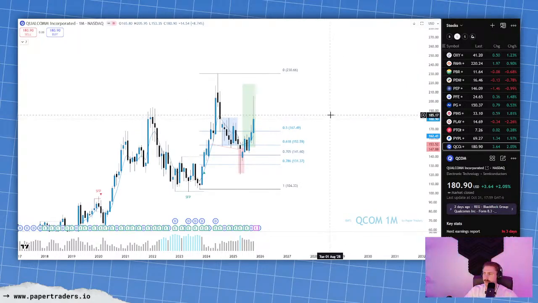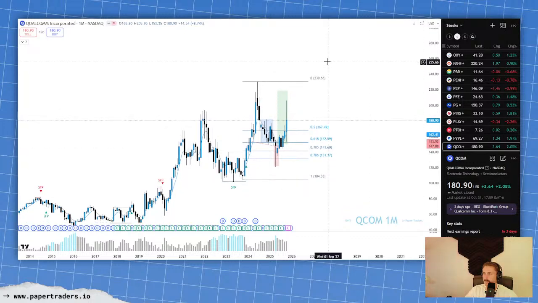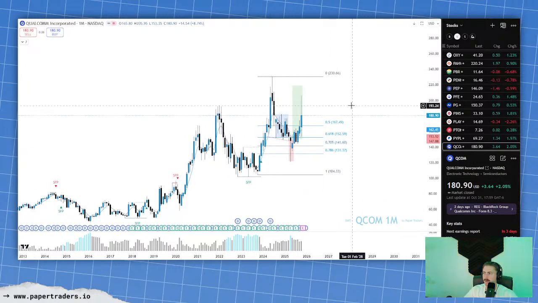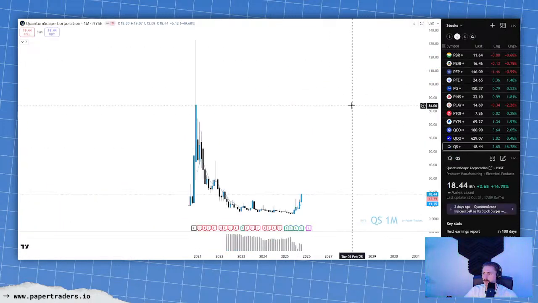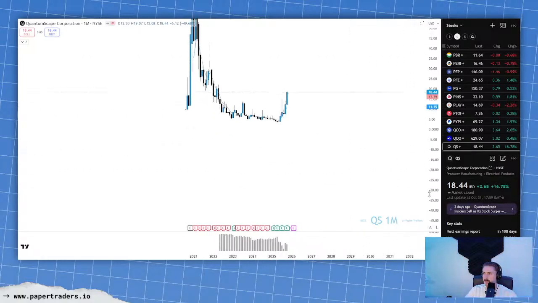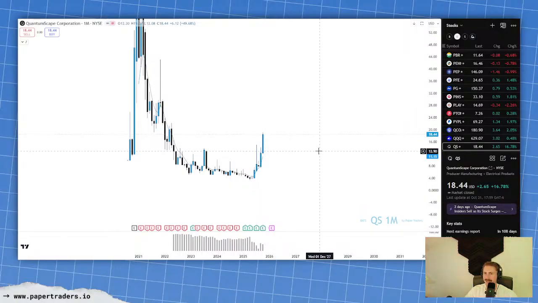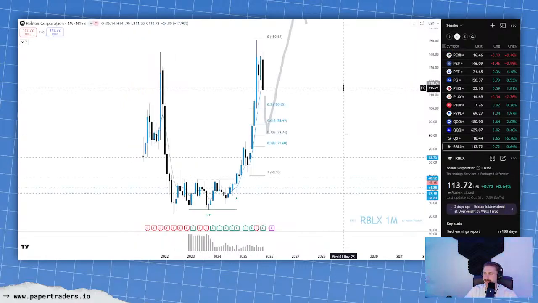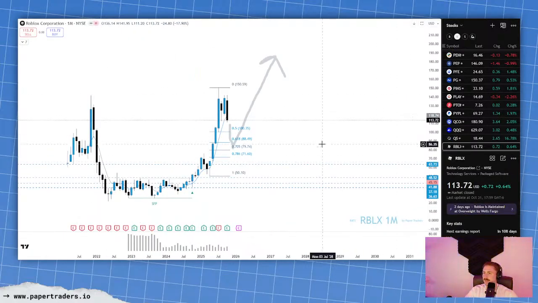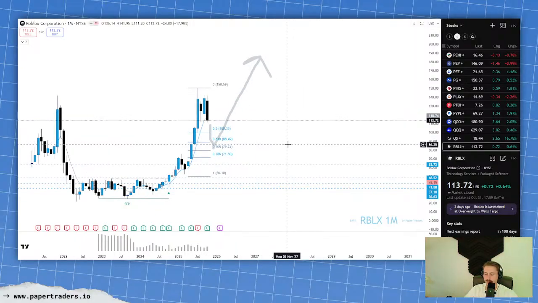Close above that. QS. QS looks good. Roblox. I'm still liking shorts on this one.